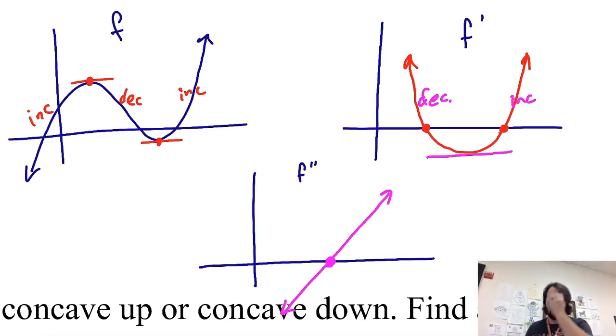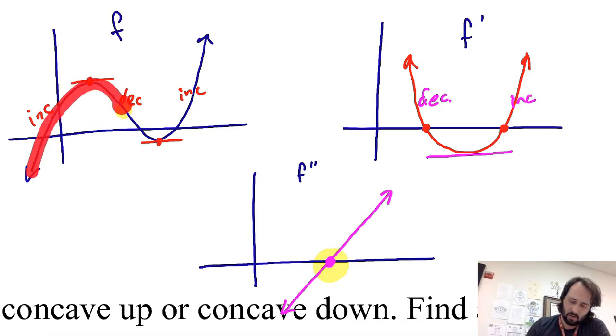Well, my 0 is here, which is about right here for my graph of f. So looking at my graph of f, the part of my graph right here is curved down until I hit this point, right?